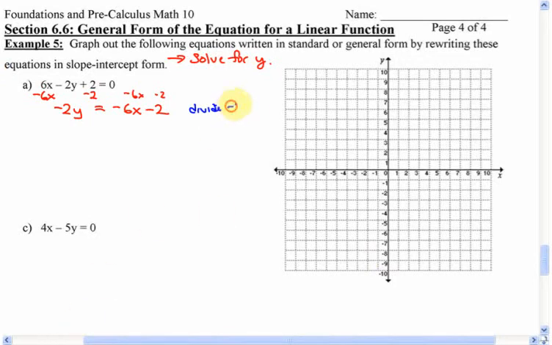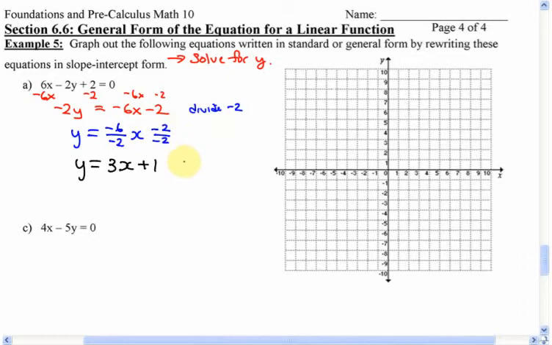Let's see if I can do this before my battery dies. So y equals negative 6 over negative 2x, negative 2 over negative 2. And once again, if you can do that in one step, you don't need to show this extra step. But there we go. How do we graph this out now?